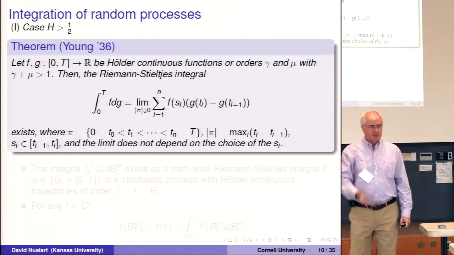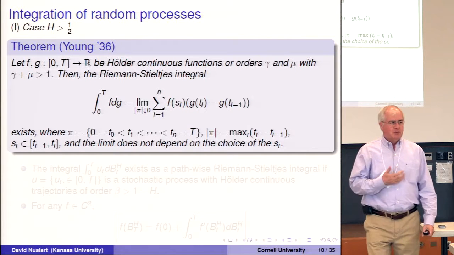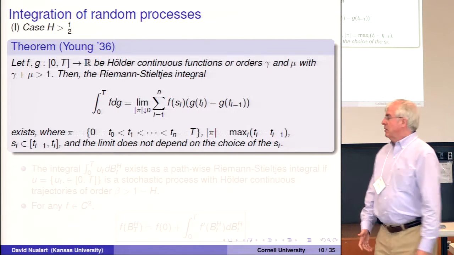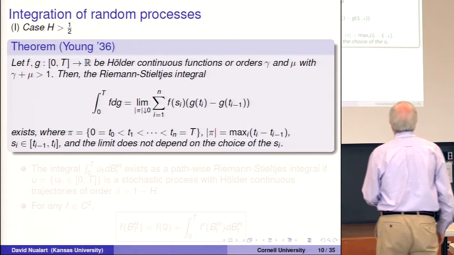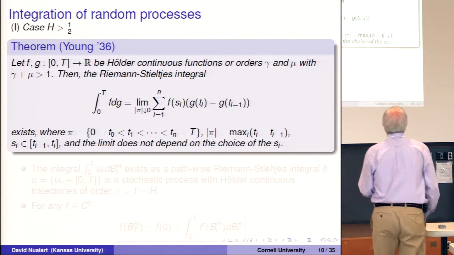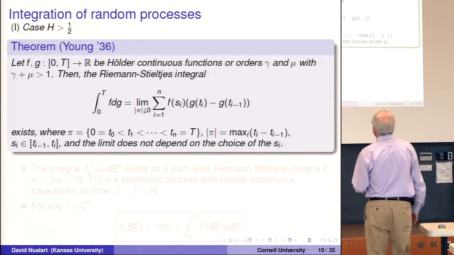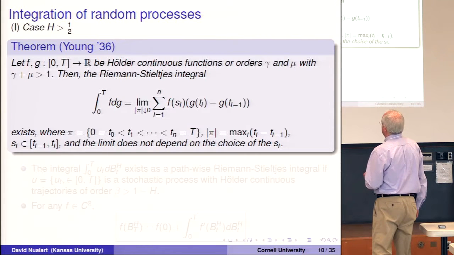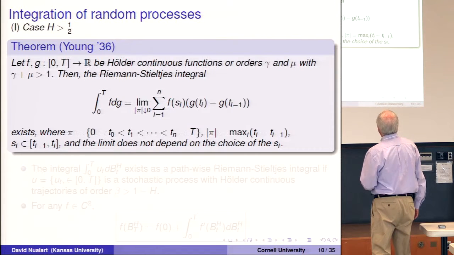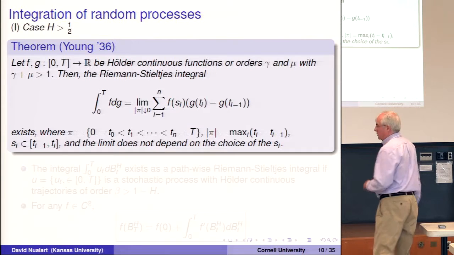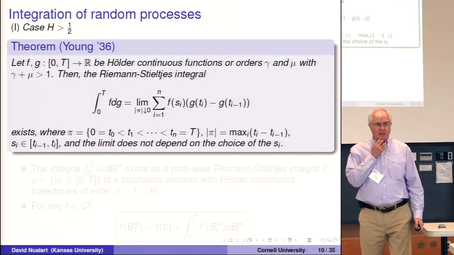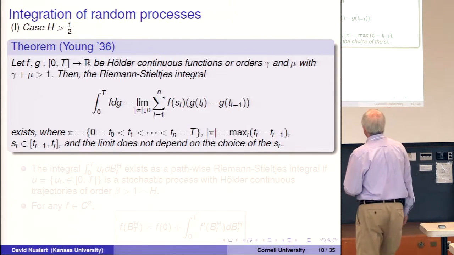So you have two functions, f and g, and suppose that they are Holder continuous of orders gamma and mu, and gamma plus mu is bigger than 1. For example, if both of them are bigger than 1/2, this is true. Then in that case, the Riemann-Stieltjes integral f dg exists.